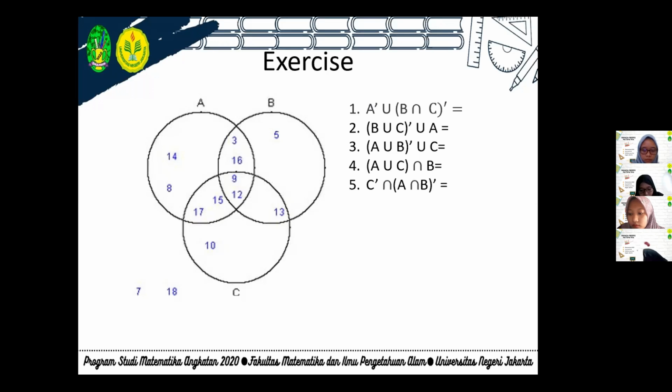But we intersect with B, so just in B, which is 9 and 12. Number 4, 9, 12. Oh, I'm sorry, 9, 12, 13, I think.